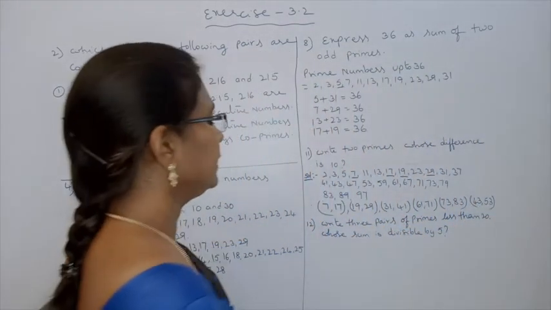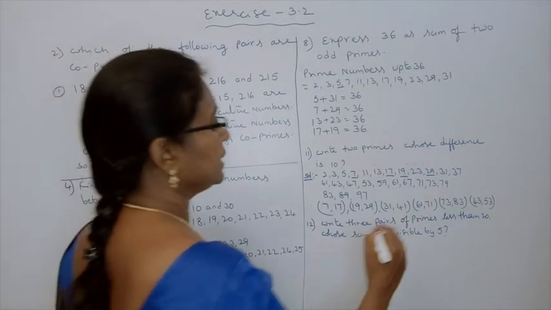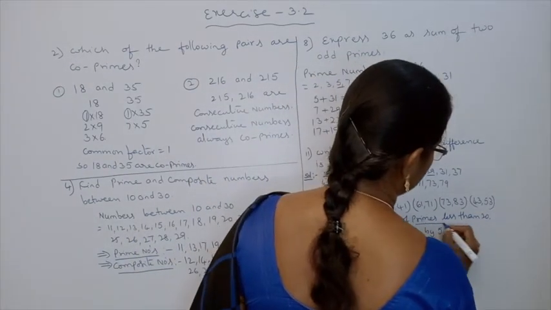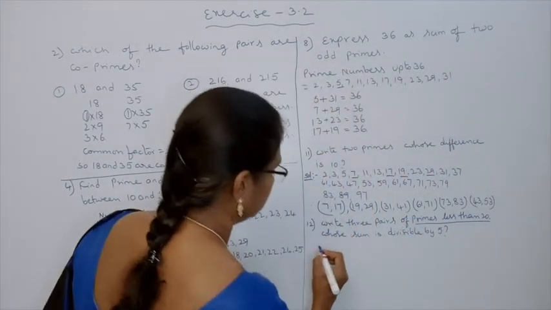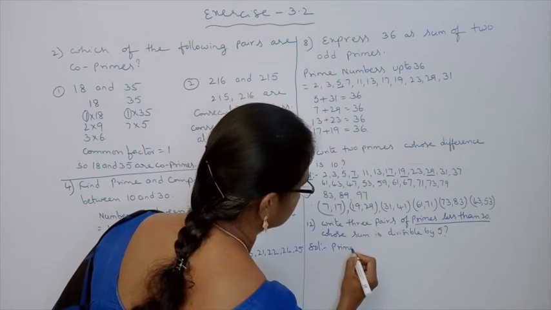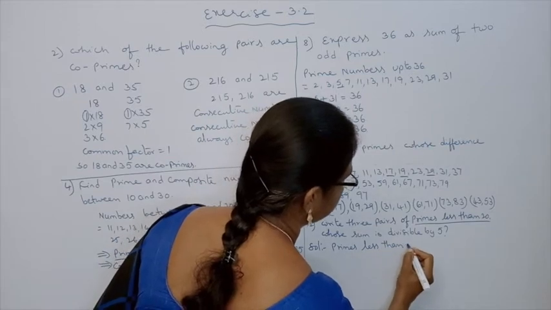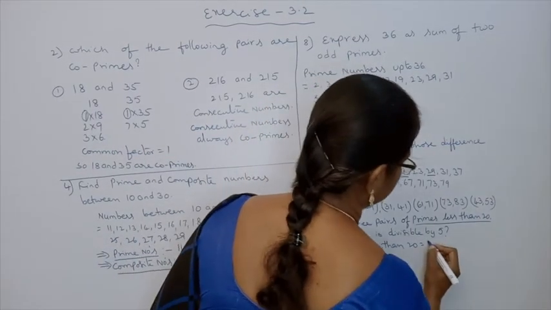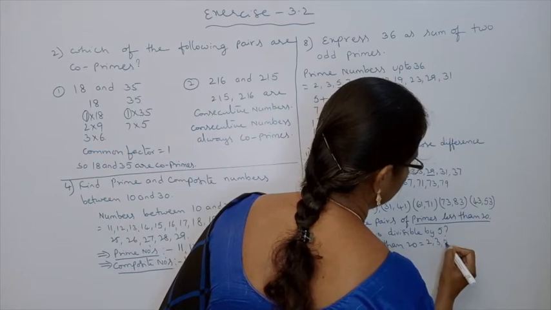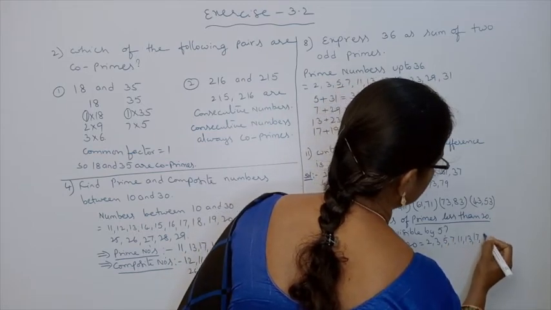Next, write 3 pairs of primes less than 20 whose sum is divisible by 5. First we have to write the primes less than 20: 2, 3, 5, 7, 11, 13, 17, 19.